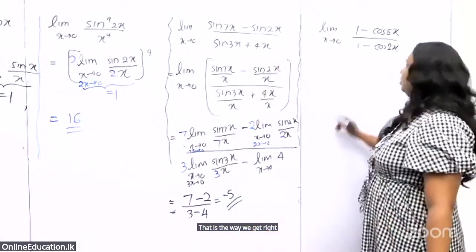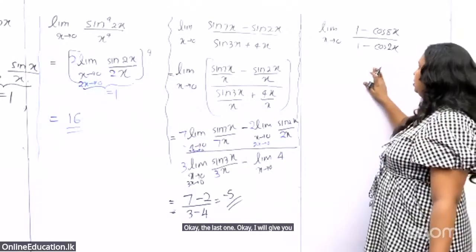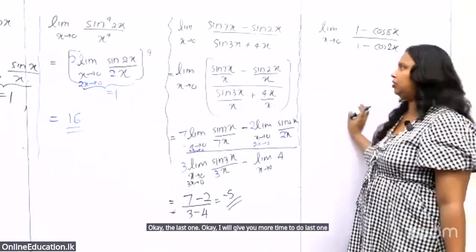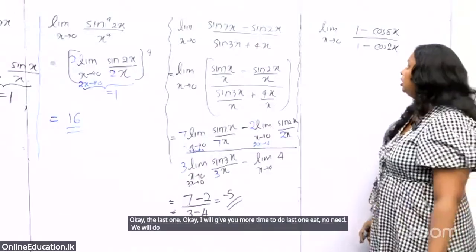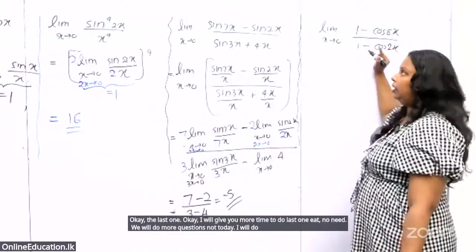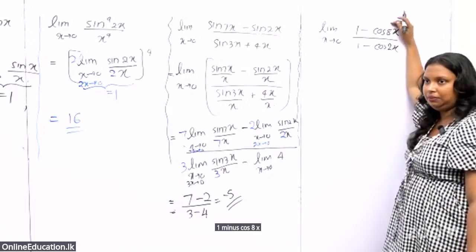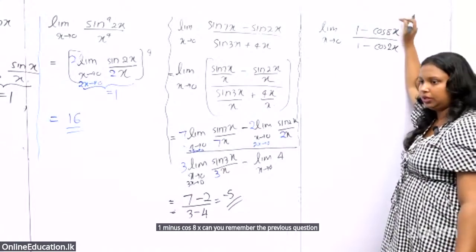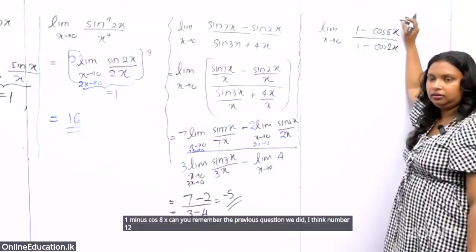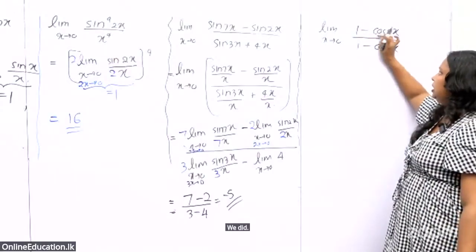Okay, the last one. I will give you more time to do the last one. No need. We will do more questions today. I will do this one. Right. 1 minus cos 8x. Can you remember the previous question we did? I think number 12, we did, right? 1 minus cos 8x.